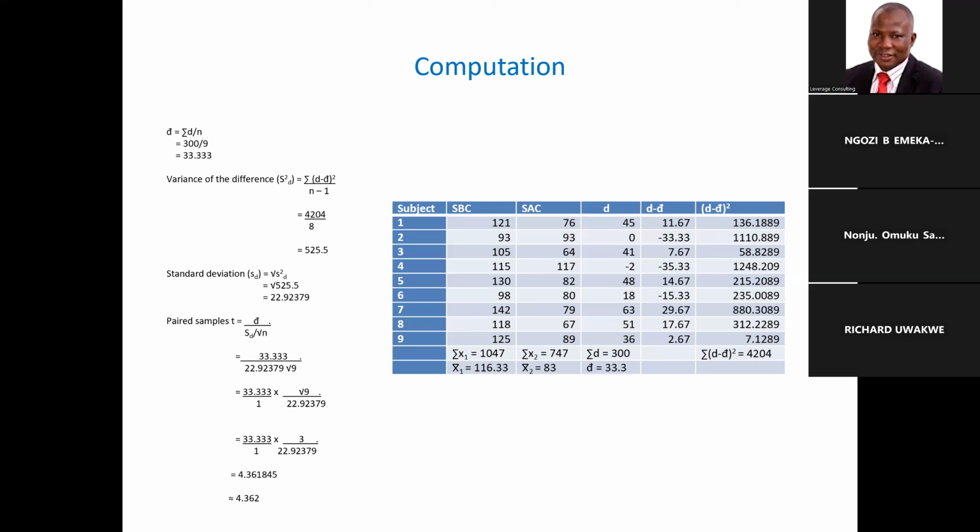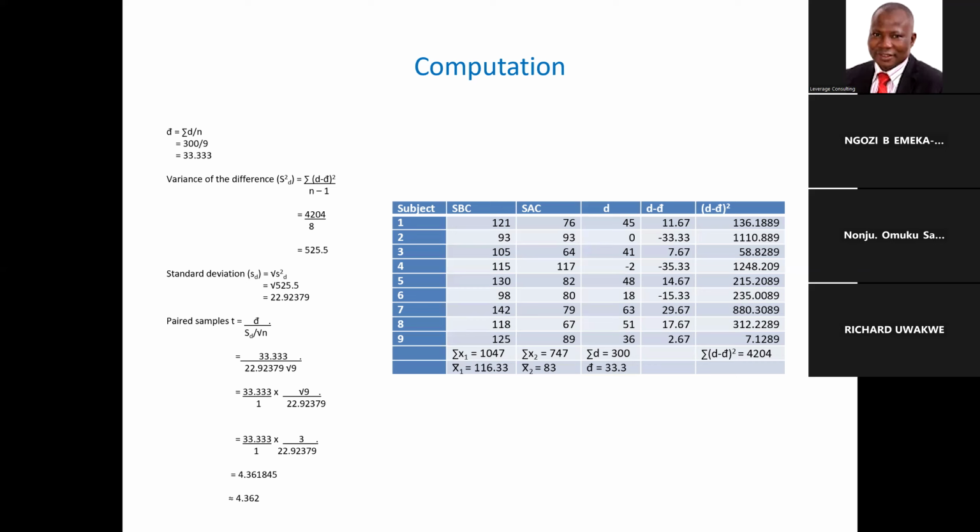So at the end of the day, if we change the formula, the division we now change to times. That square root of this will come up, because the denominator is 22.9379 divided by, sorry, the slash is not there, the square root of 9.